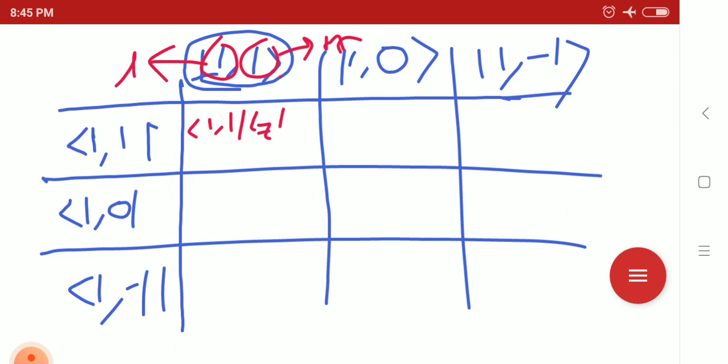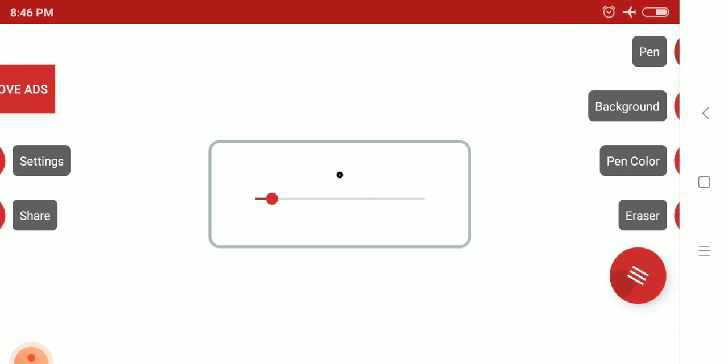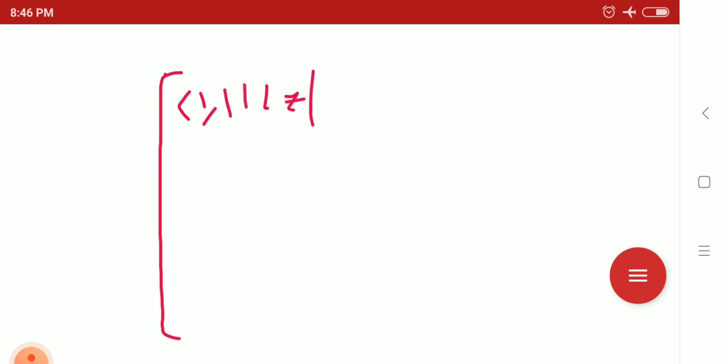So 1 1 LZ 1 1. Similarly, here we can write 1 1 LZ 1 0. Let us write clearly. So whenever we write the matrix, 1 1 LZ 1 1.